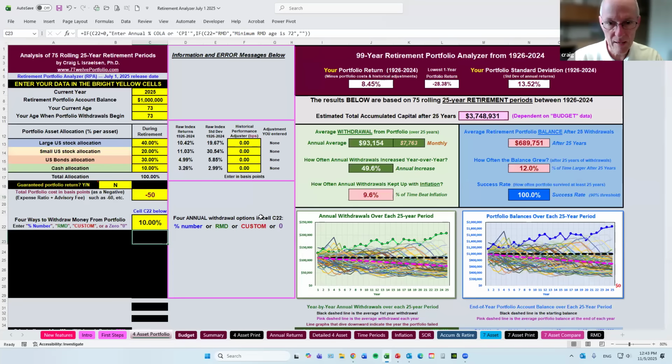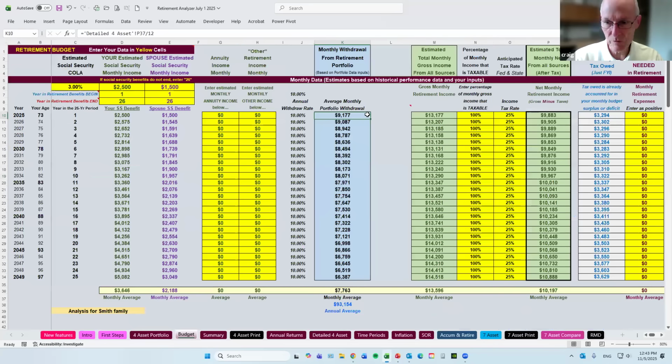And go back to the budget tab. This is what Josh was referring to. Using a truncated time period where you're focused on your specific window, which in this case is 10 years, you had a first year withdrawal of 9,177 versus 6,400 with a 7% withdrawal rate.